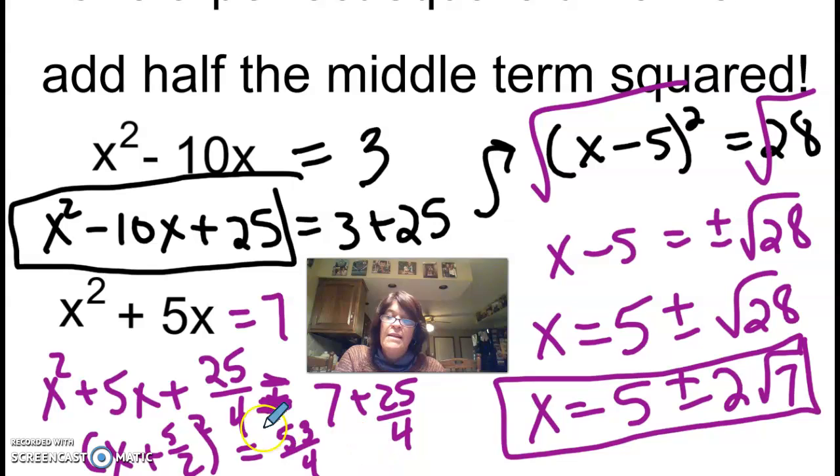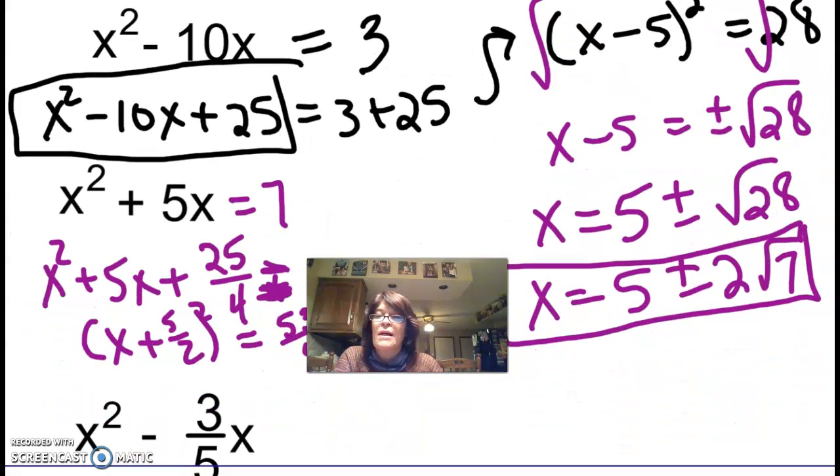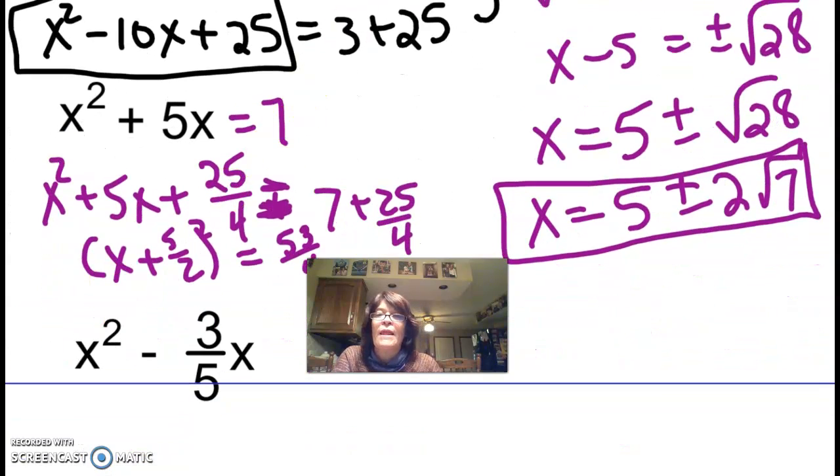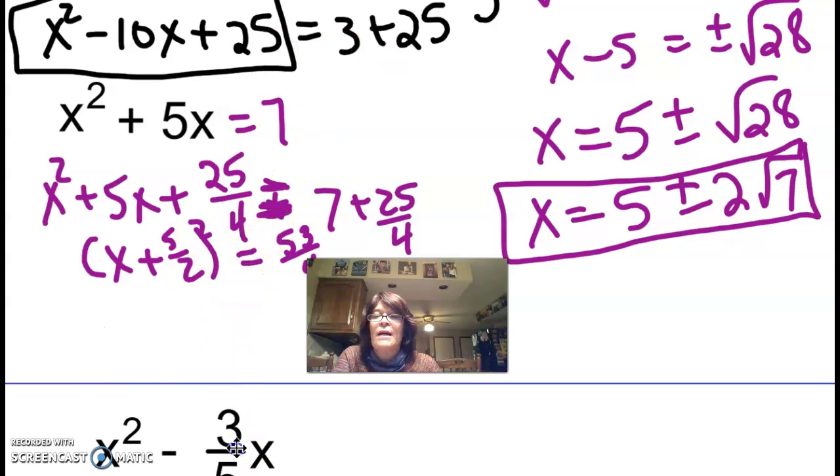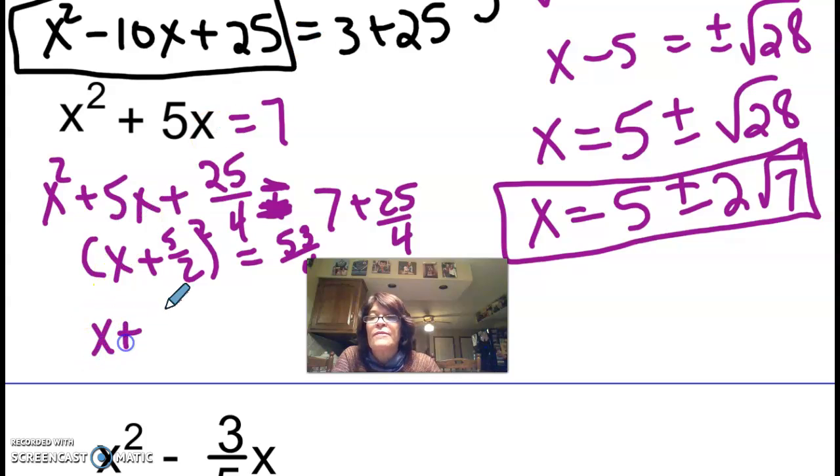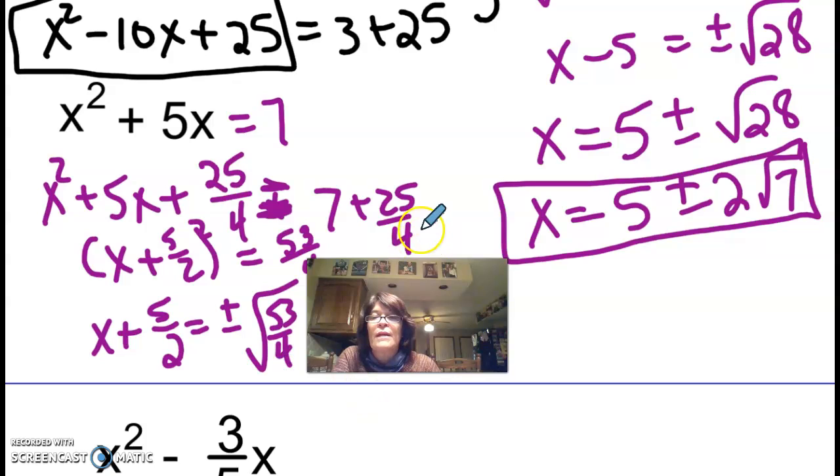Okay, now I can take the square root of both sides. And when I take the square root of both sides, I get x plus 5 halves equals plus or minus the square root of 53/4.